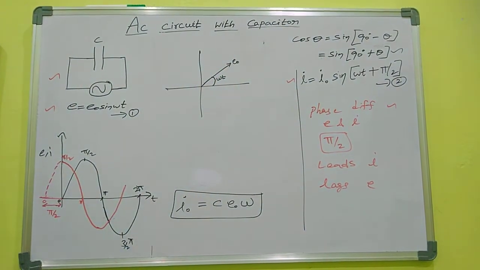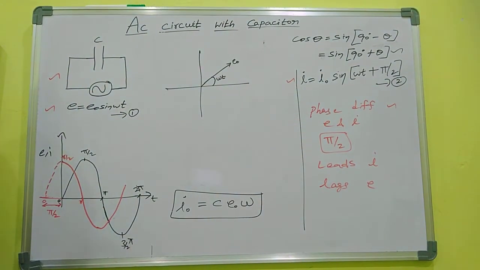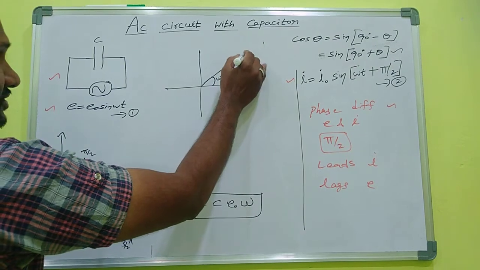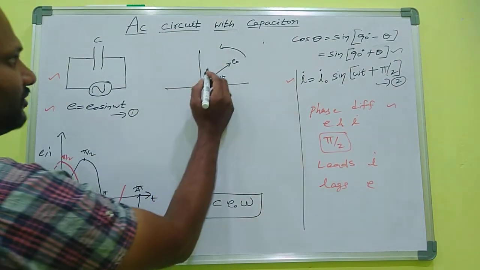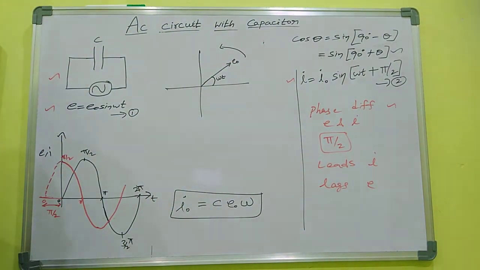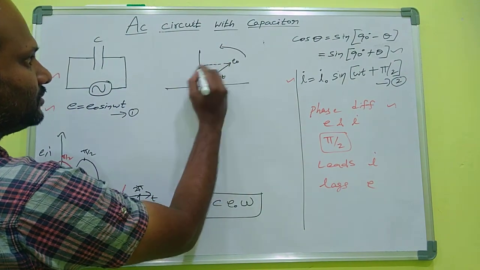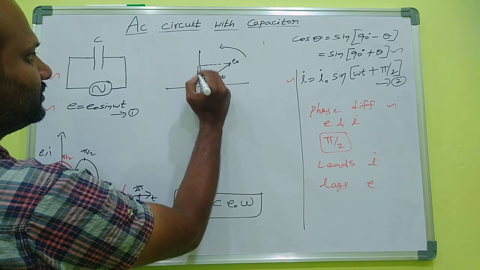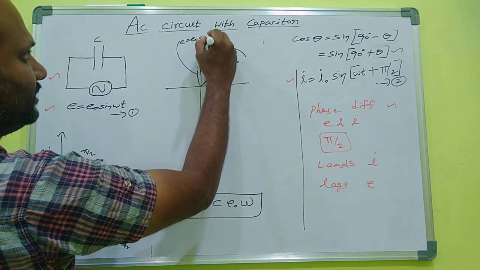This E0 vector is rotating in the anticlockwise direction. The length of the vector gives the value of E0. The projection gives the instantaneous value of EMF, which is nothing but E equal to E0 sin omega t.